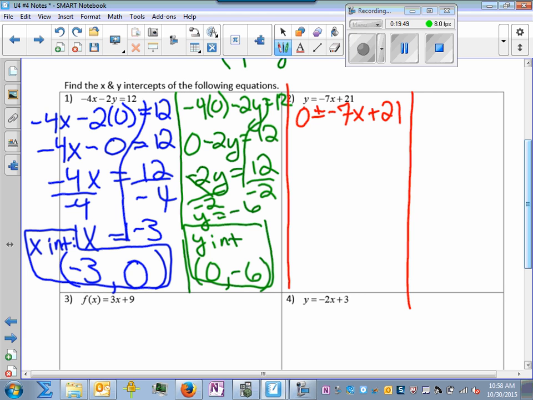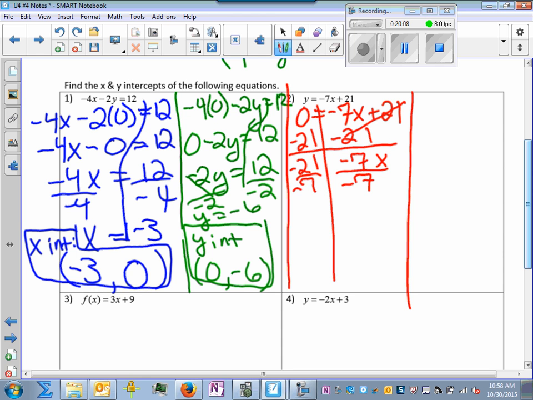What do I do first here? Minus 21. I moved 21 to the other side, so I subtract 21. What is 0 minus 21? Just negative 21. I get 7x equals negative 21. Now what? Divide by negative 7. Perfect. And my 7's go away, and I get x equals 3. And how do I write that as an ordered pair?